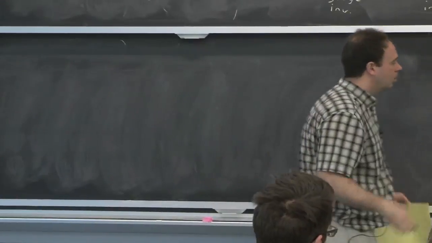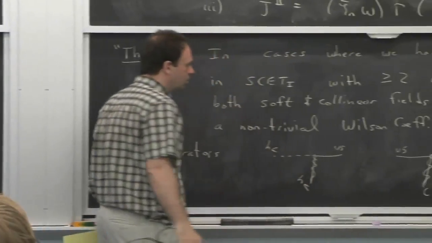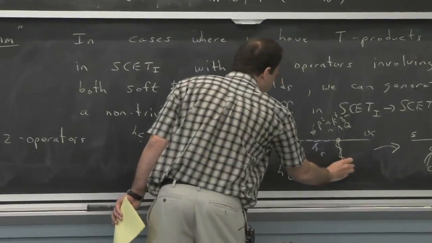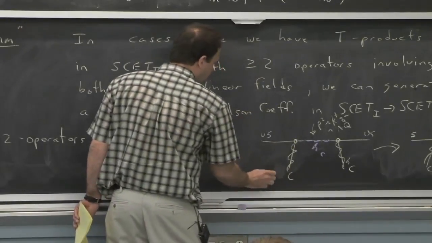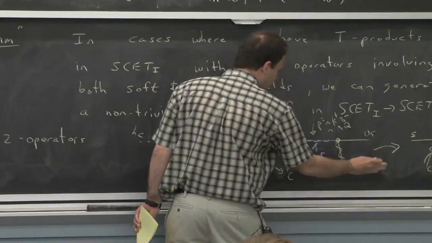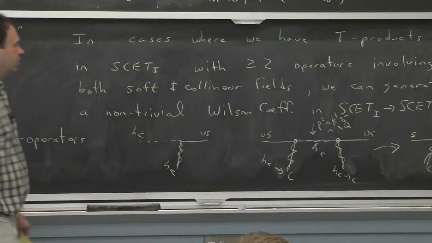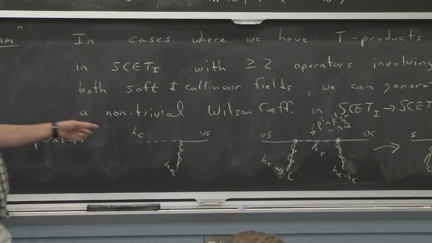Yeah, different collinear. So let's call these HC. I start by calling them HC, right? And then what I want to do when I calculate this diagram to do the matching is assign them a different scaling. I want to define them to be C instead of HC. So I start out thinking of them as HC.